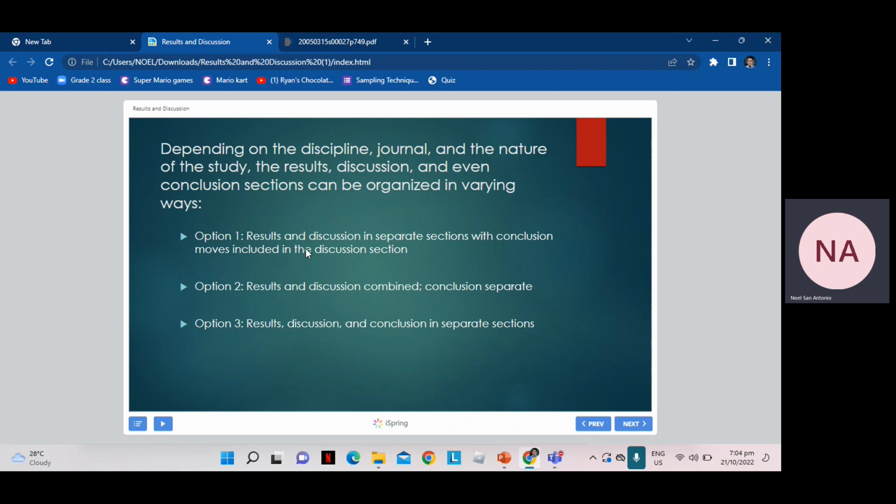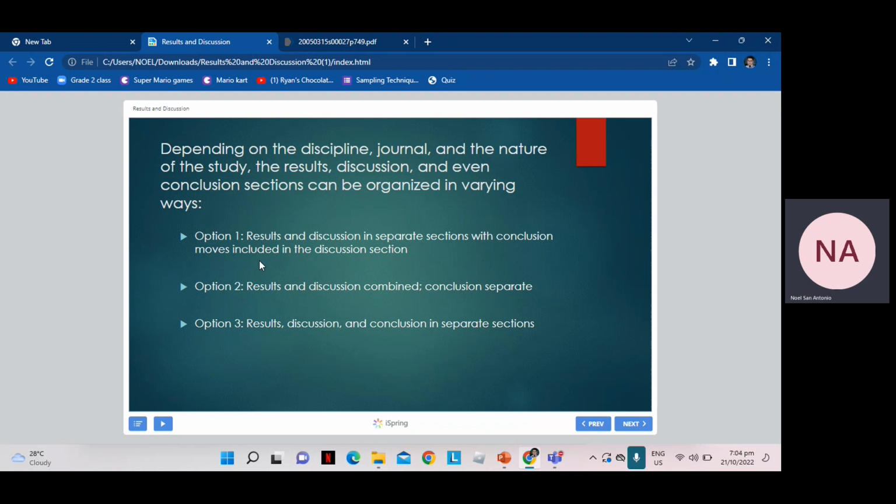This is what we will follow: results as a separate section, discussion as a separate section, and the conclusion included under the discussion section. Again, option 1 is the one that we are going to follow.